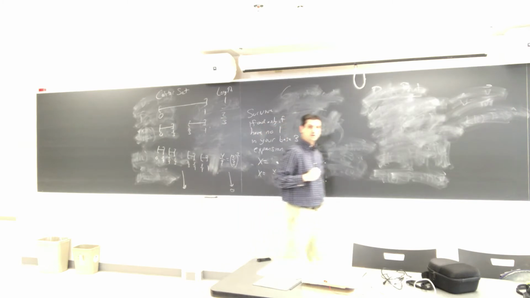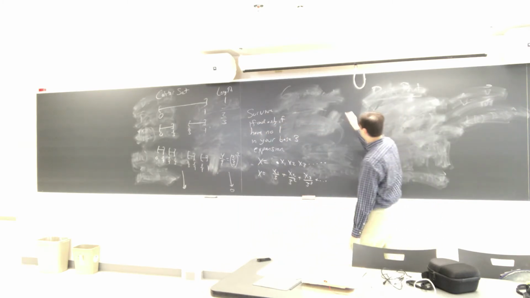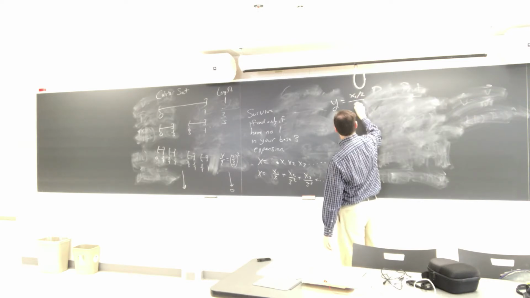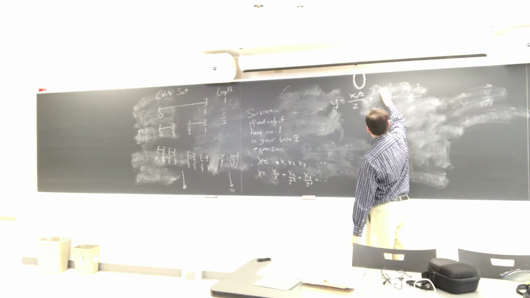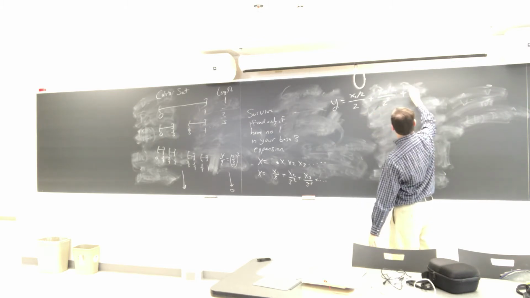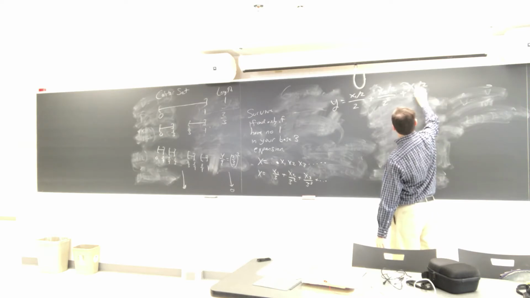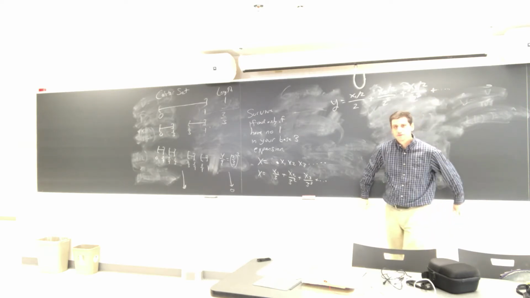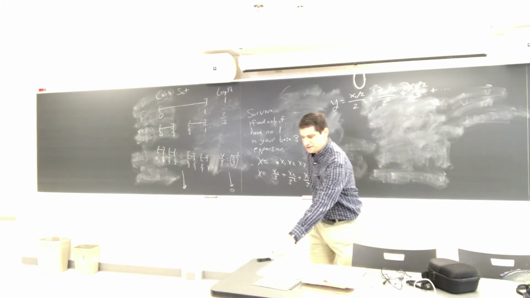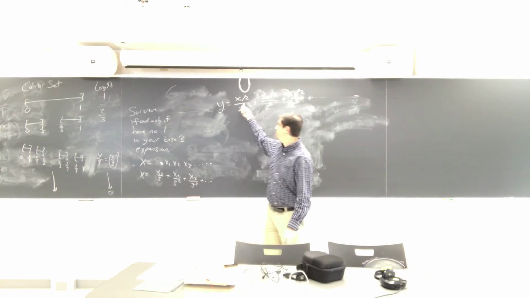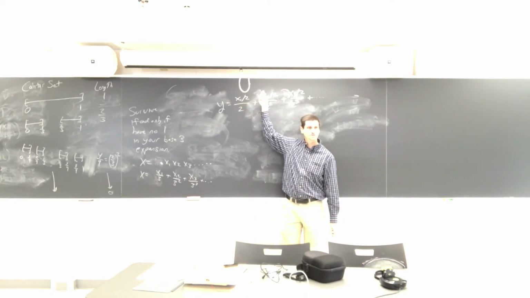What I can do now, and I'm going to do this fast and informally, is look at the new number y, which is x1 over 2 over 2 plus x2 over 2 over 2 squared plus x3 over 2 over 2 cubed. So when you think about that, all of my numbers on top are going to just be zeros and ones.